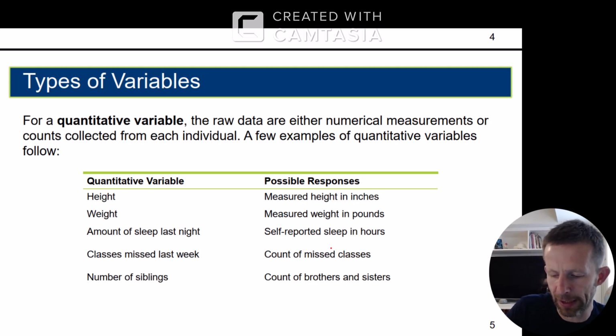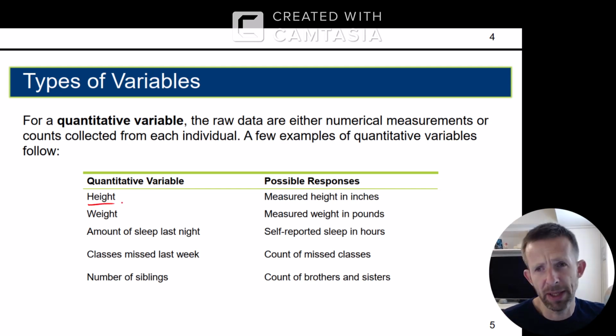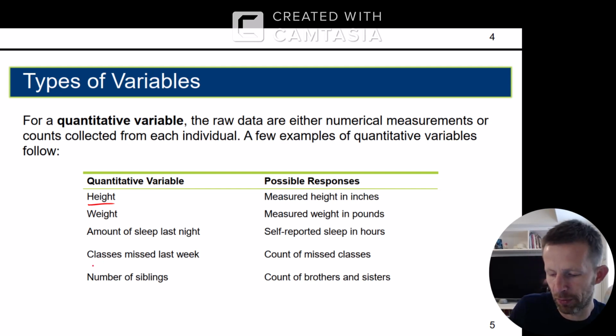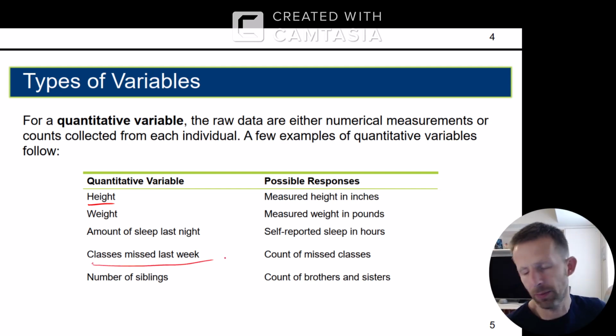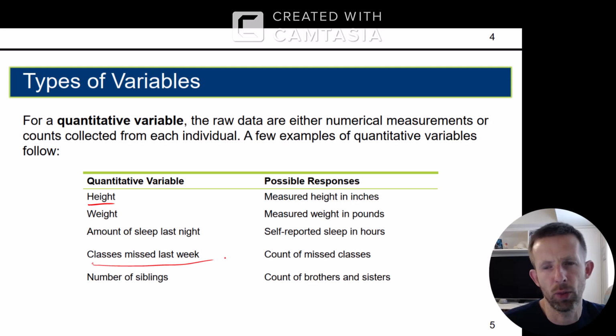So something like height is measured, for example, in inches, and when we're measuring someone's height, we can be fairly exact. So we can say someone is 6 foot 2.5 inches, or 2 3/4, et cetera. Whereas if we're looking at missed classes last week, that's going to be a number like 1, 2, 3, 4, 5.